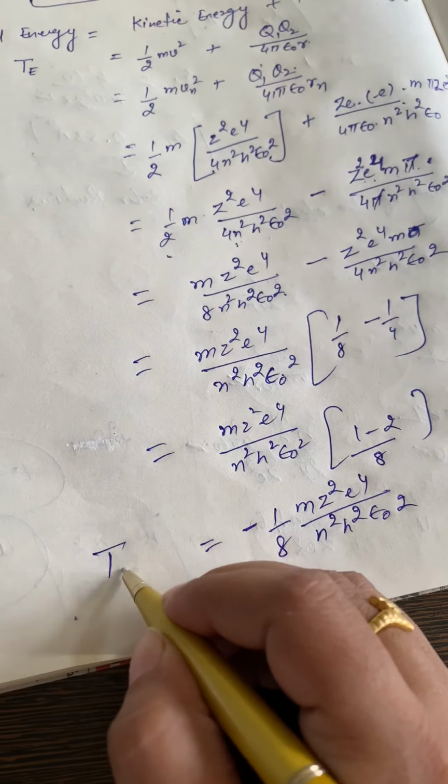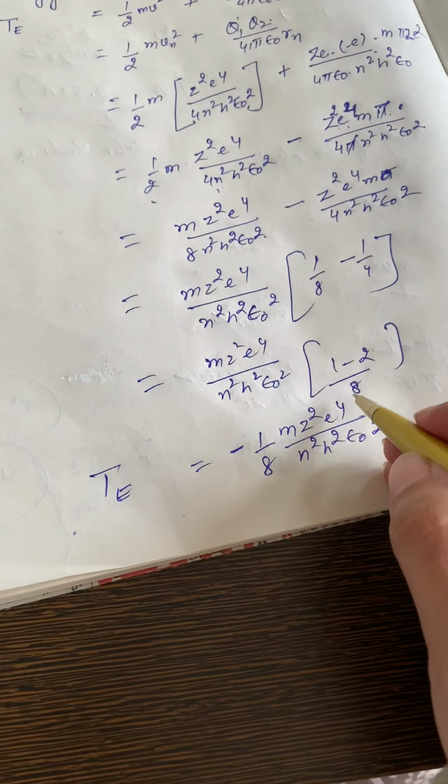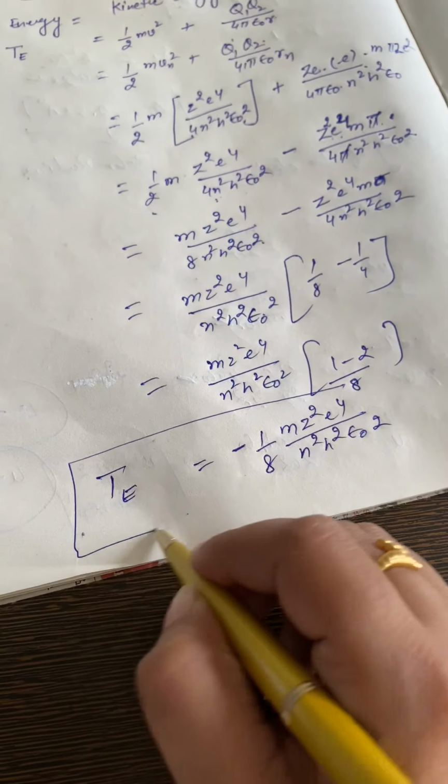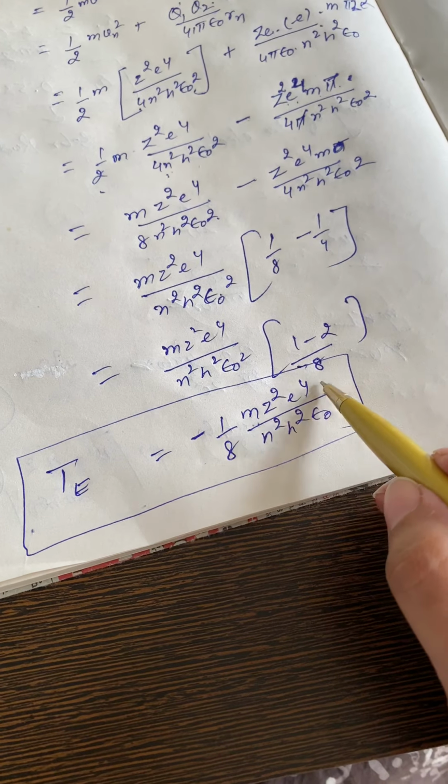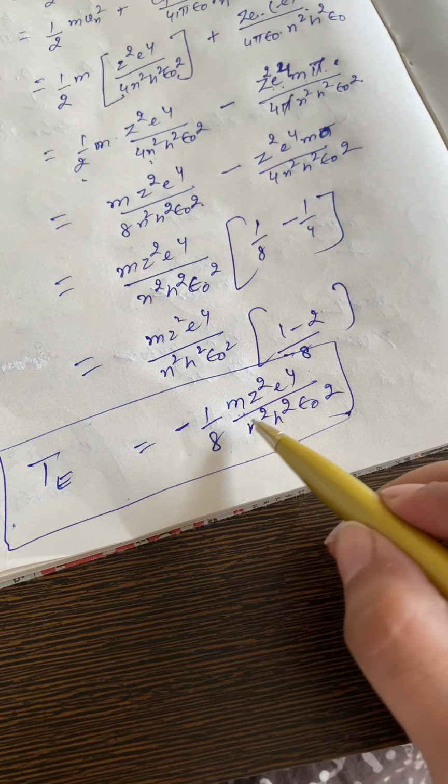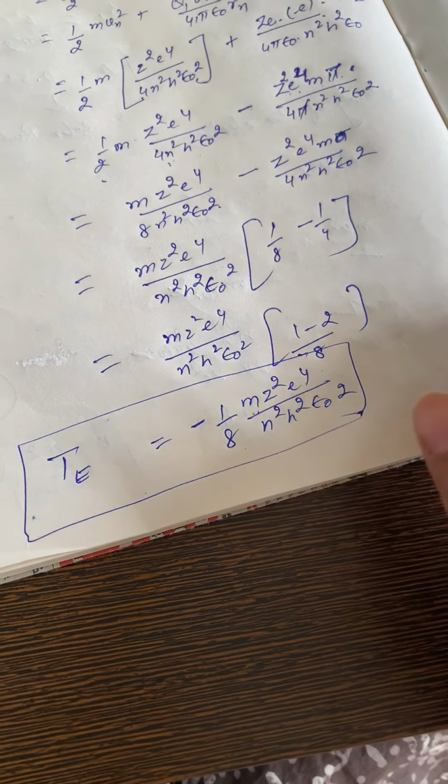It is the total energy. So the total energy for the nth orbit will become equal to minus m z square e raised to power 4 divided by 8 n square h square epsilon naught square.